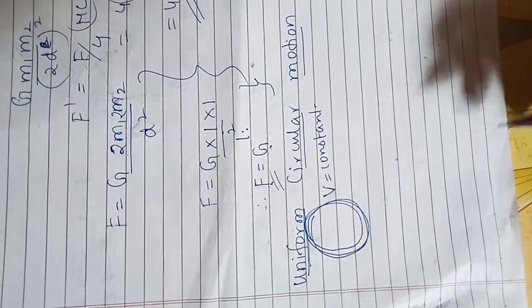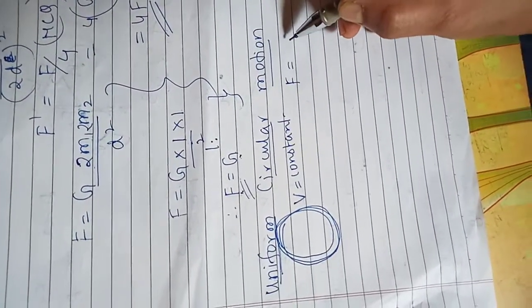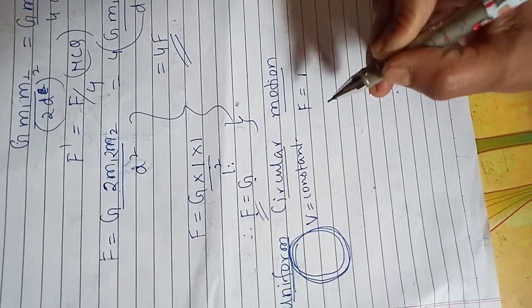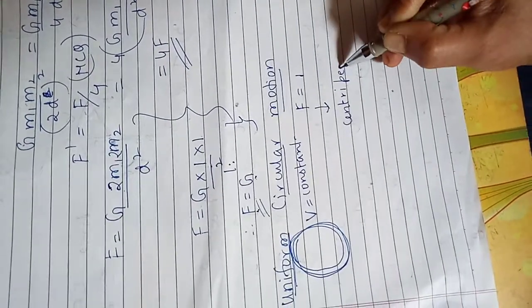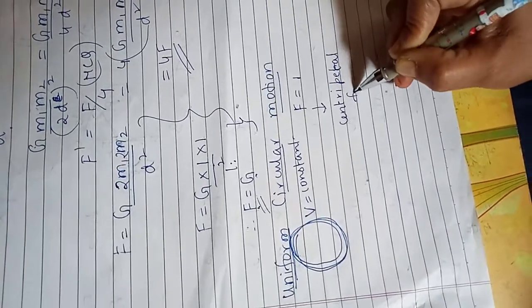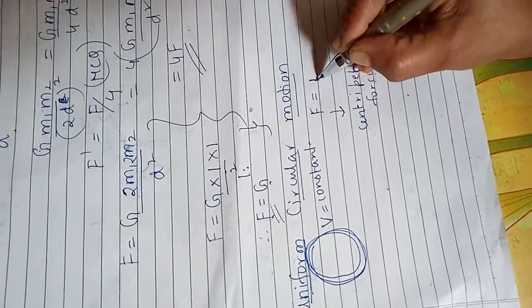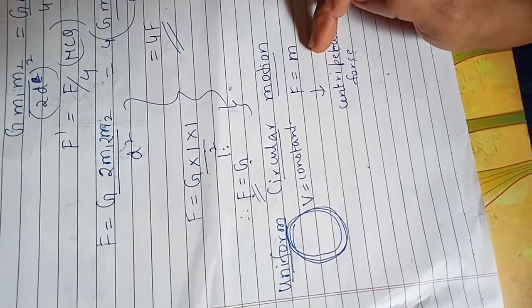Very important point. Whenever there is circular motion, a very important force comes into play, which I have already discussed, that is centripetal force. Students, let me clear one point.